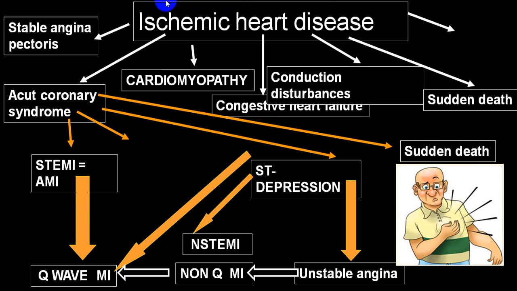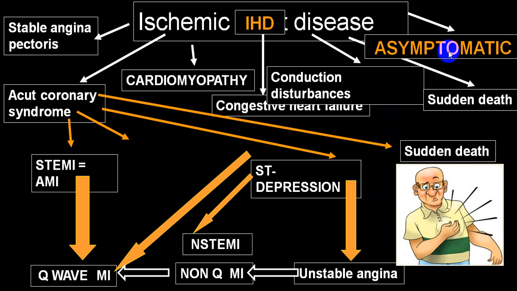So ischemic heart disease can be stable or unstable, what we call acute coronary syndrome. But ischemic heart disease can also present as cardiomyopathy, conduction disturbances, congestive heart failure, sudden cardiac death, any one of these, or can present as an asymptomatic group.